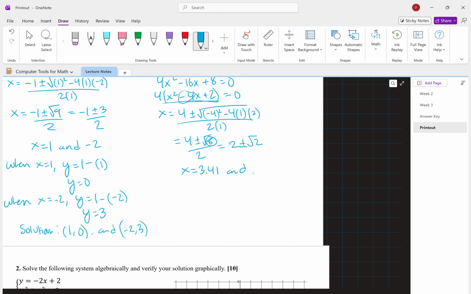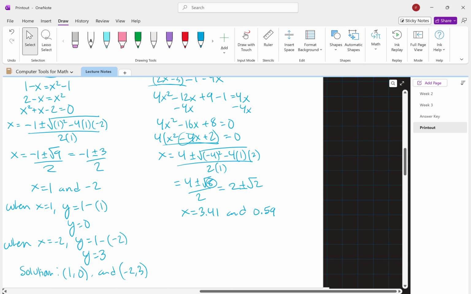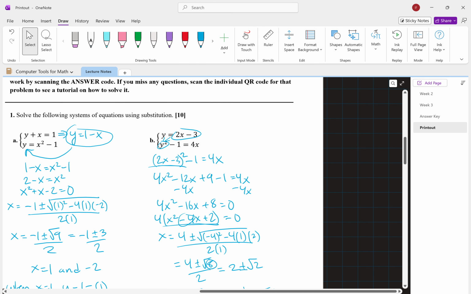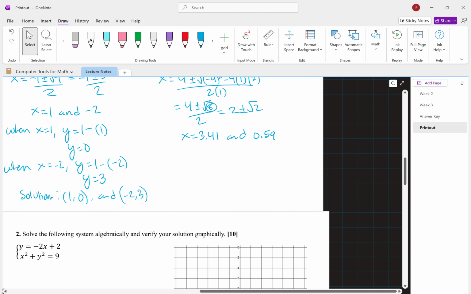3.41 and 0.59. So then again, we take our x values of 3.41 and 0.59 and plug them in again up here into our y is equal to 2x minus 3.